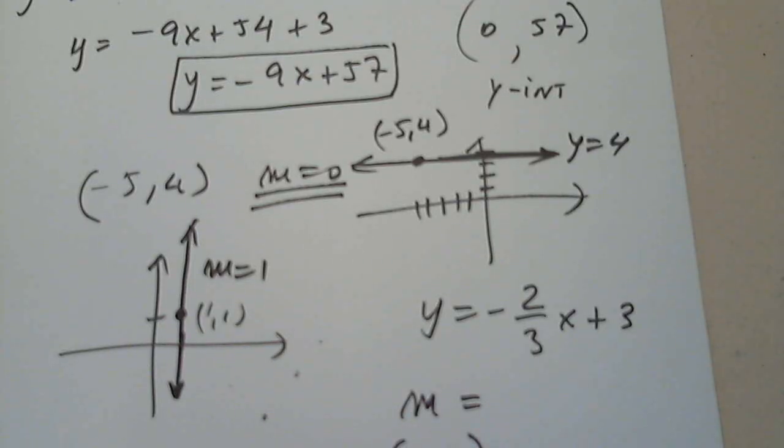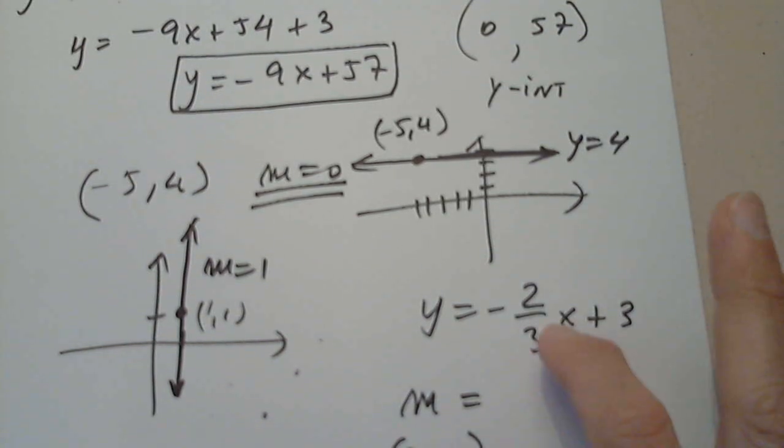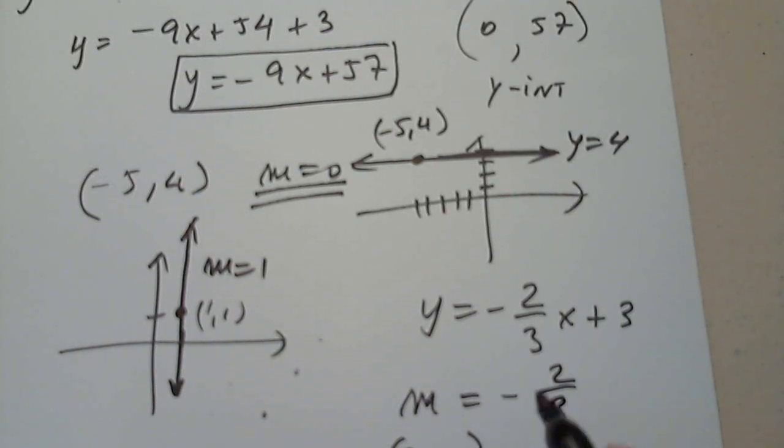So on this problem, can anyone give us the slope? Is it 2/3? You cannot separate the number from the sign in front. I mean negative 2/3. Yes, the sign belongs to the number in front. Excellent.